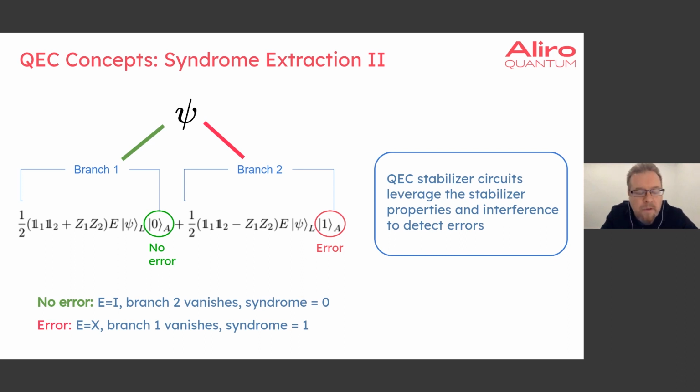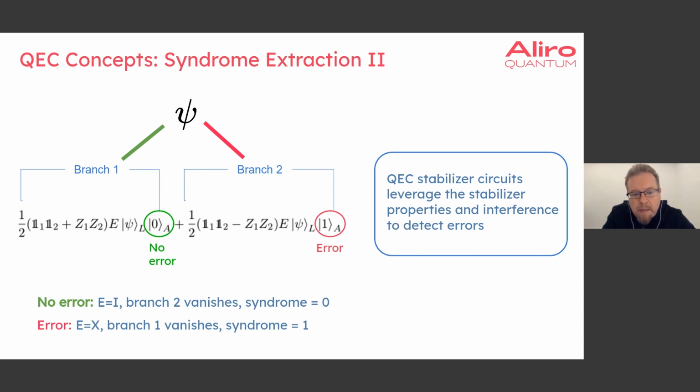And so what happens when there's no error, when this E operator is actually identity? In branch 2, what we have is the difference between identity minus stabilizers acting on our logical state psi sub L, and E is identity, as we said.